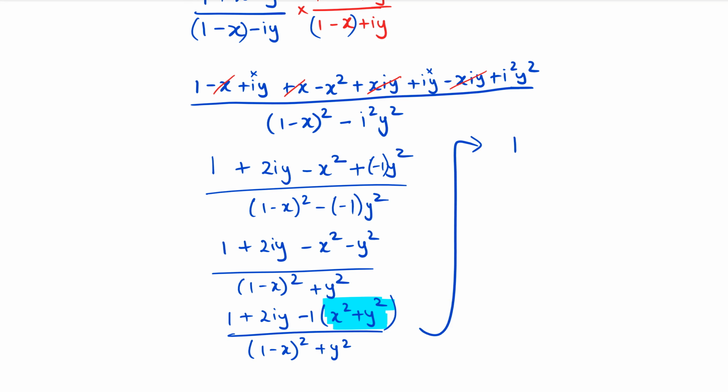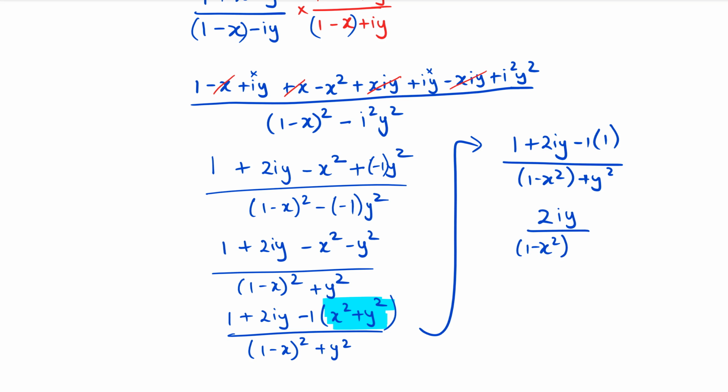And I'm going to end up with 1 plus 2iy minus 1 times 1, over 1 minus x squared plus y squared. 1 minus 1 is 0, so all I have is 2iy over 1 minus x squared. Oh, sorry, that x squared should be outside the squared. Copy error. Plus y squared.